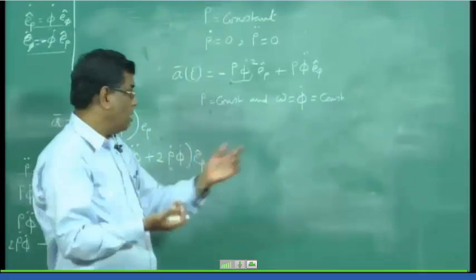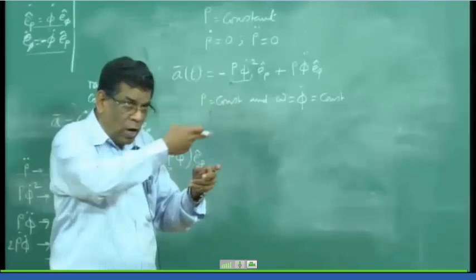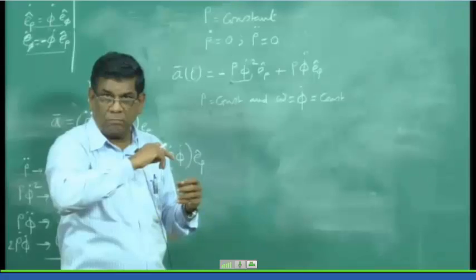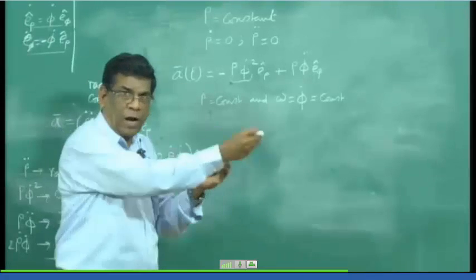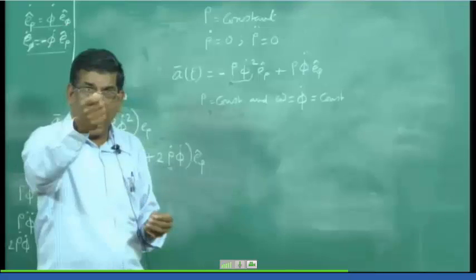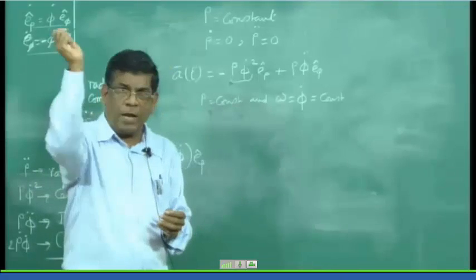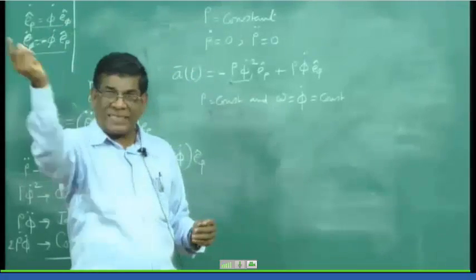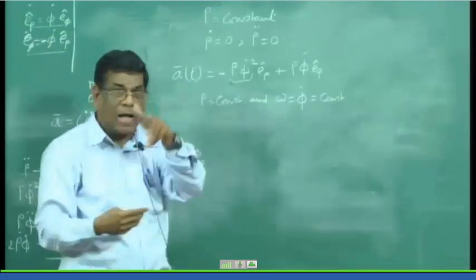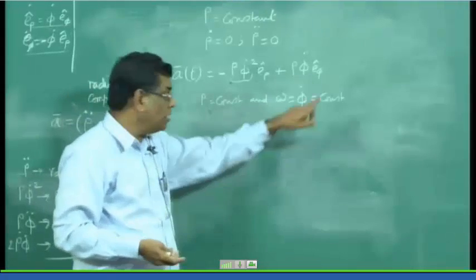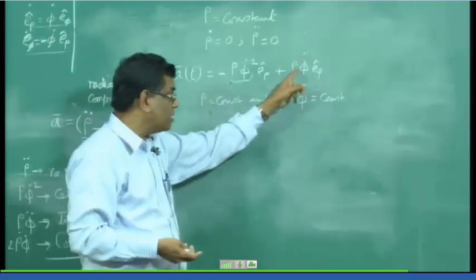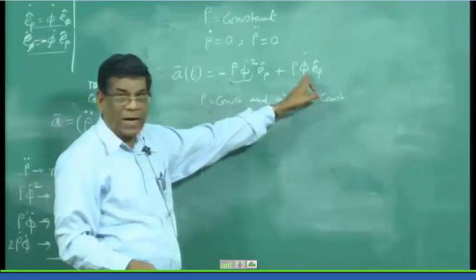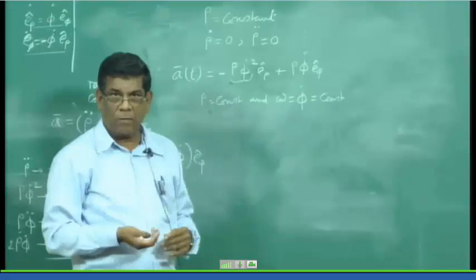While it is going along the circle, it can have an acceleration along the circle. Its speed keeps on increasing as it goes round, like having a stone connected to a string and you whirl it round. If you do it faster and faster, there will be an acceleration along the circular path. Along the E phi direction, there is an acceleration, d square phi by dt square, acceleration along the circular path.